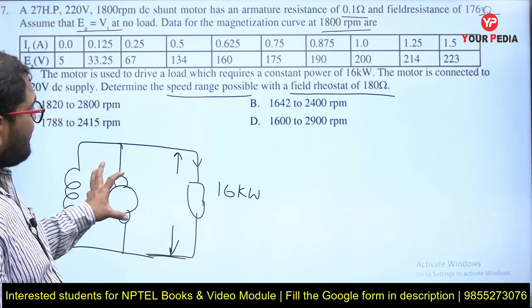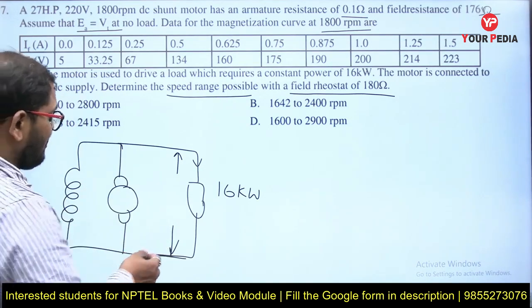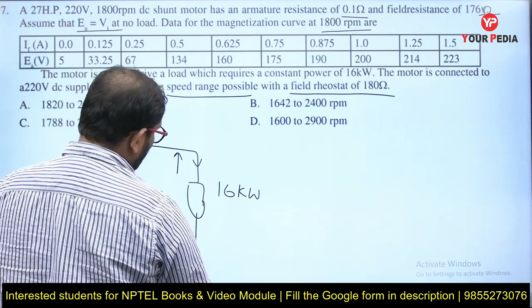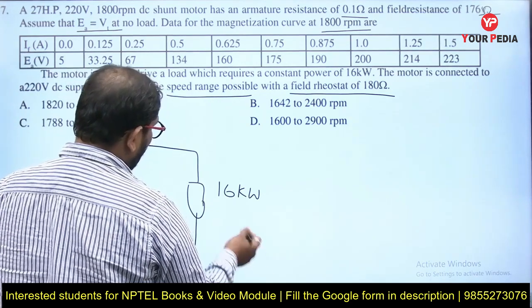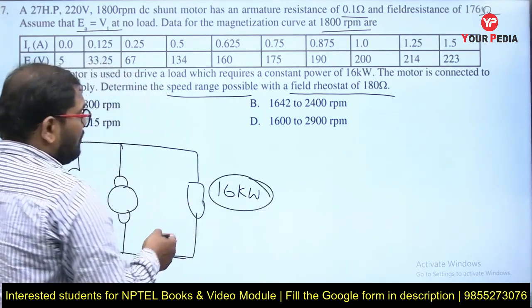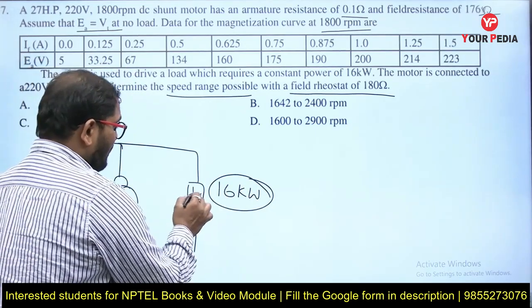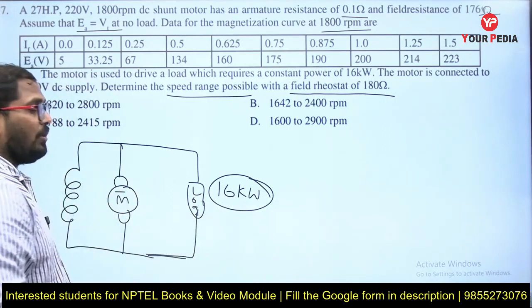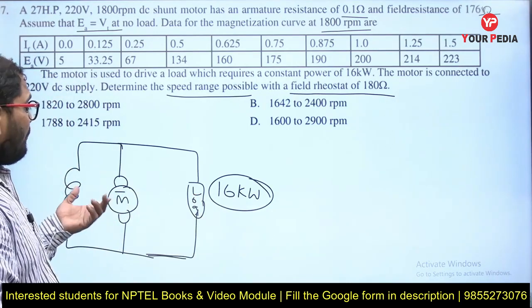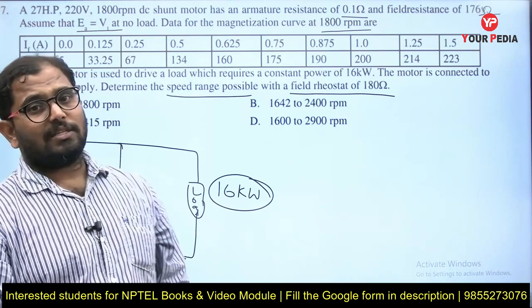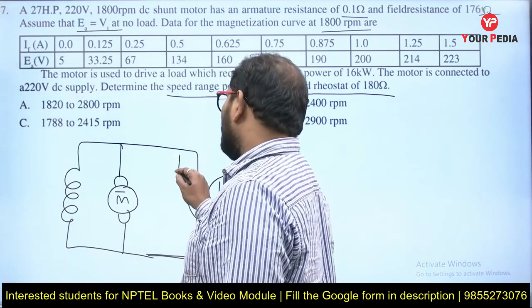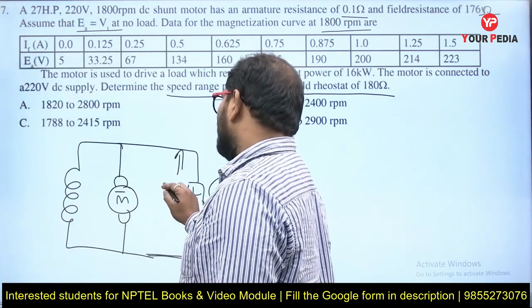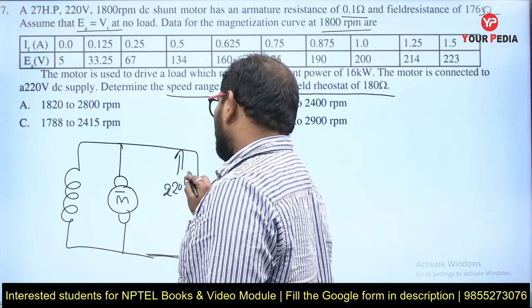Don't think that it is a generator. This is the load which requires a constant power of 16 kilowatts, connected on the DC motor. Now based on this data, the terminal voltage of your motor is given as 220 volts.